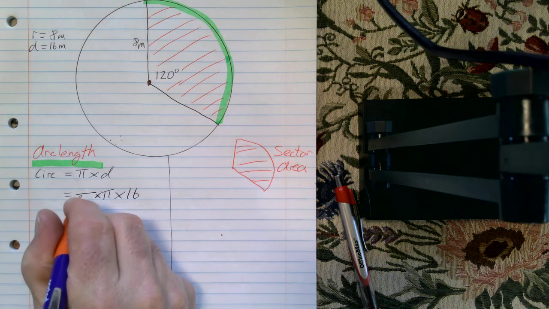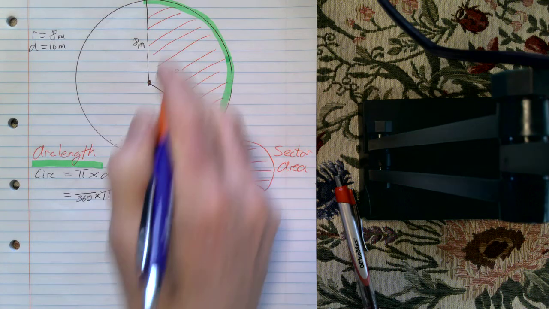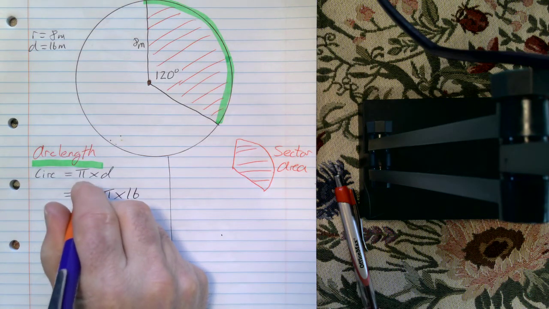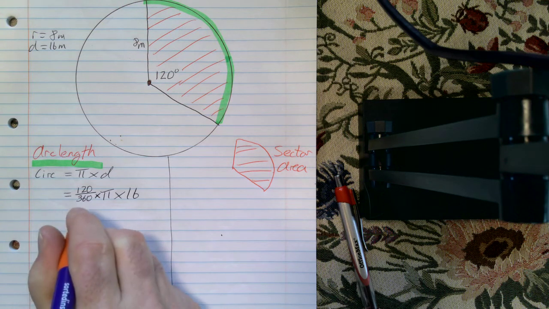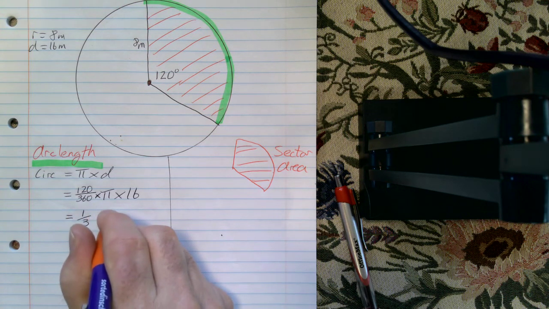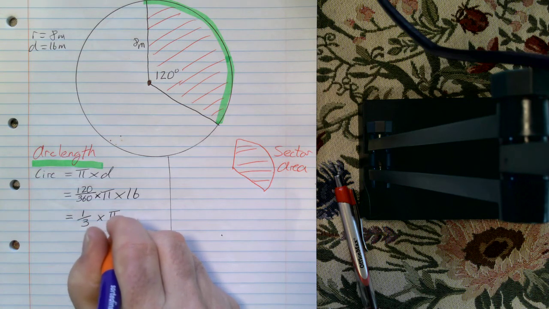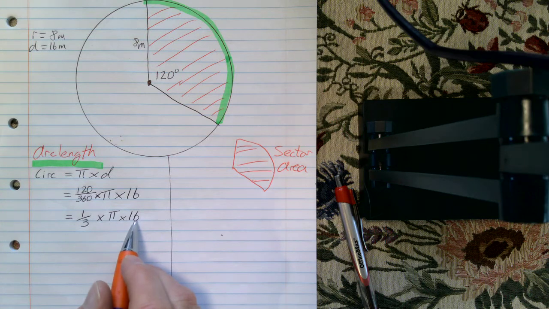So I know a full circle is always 360 degrees, so I put that in my bottom line, and I want 120 of that. Now, if I can, I want to simplify that, and that becomes 1/3, and times or of that. So 1/3 of the pi times 16.